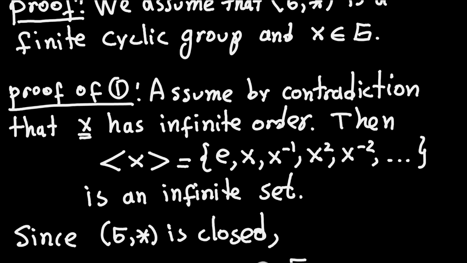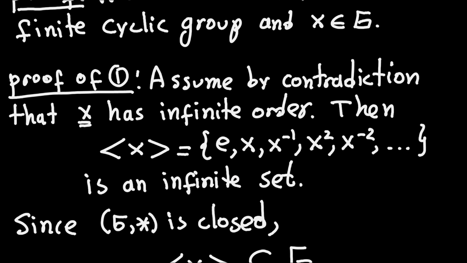That would imply that the element X has finite order. So in this list, all the elements are different, which means that it is an infinite set. If you're not convinced, just do a little proof: if two elements here are the same with two different exponents, that will imply that X has finite order.